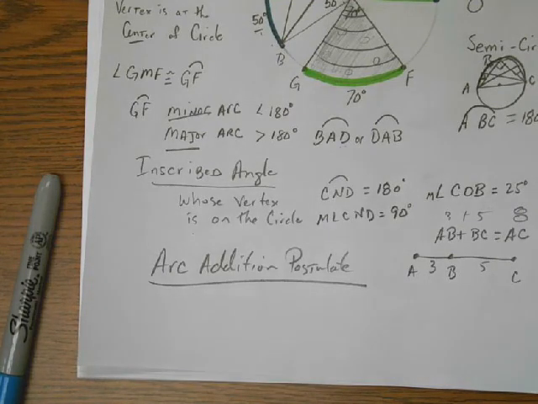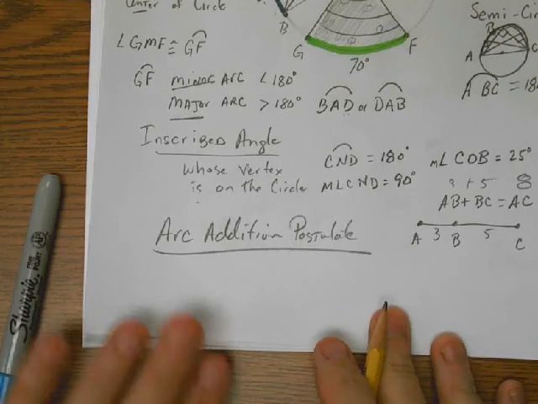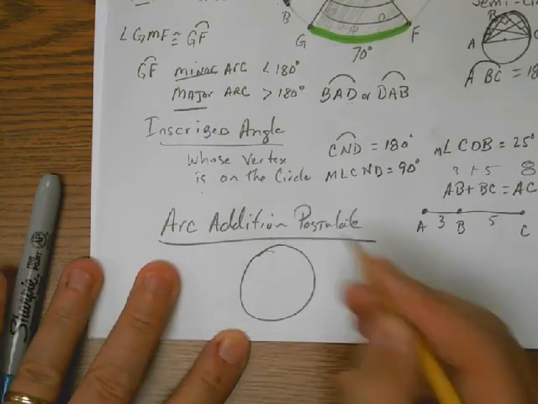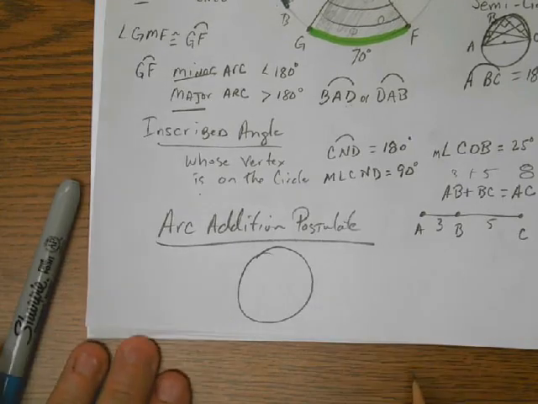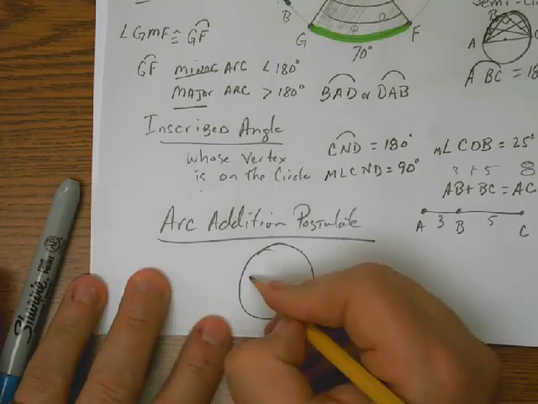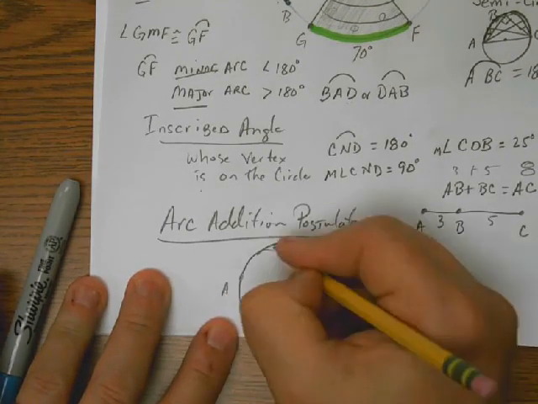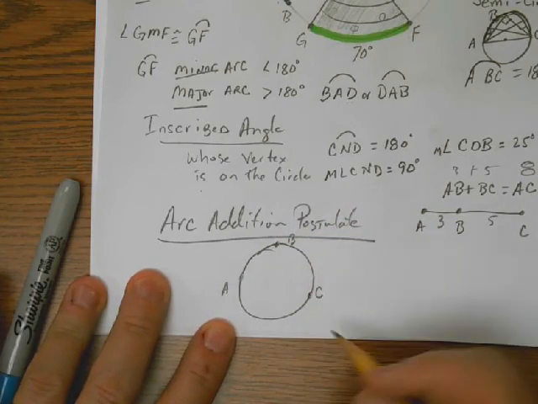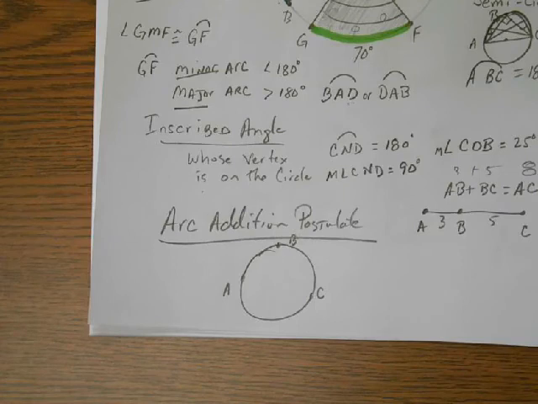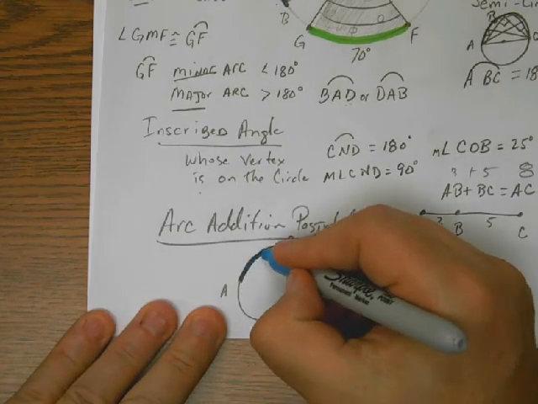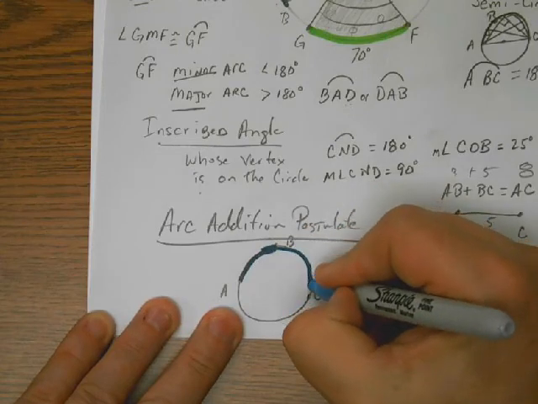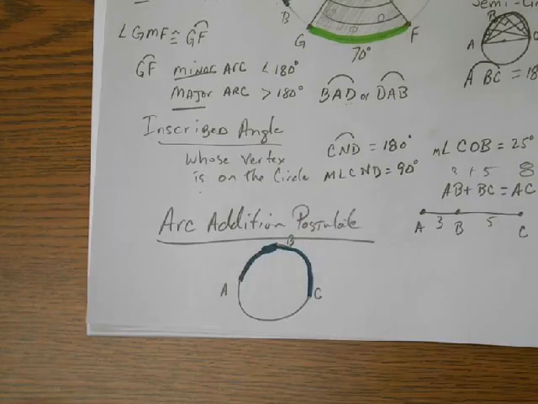Okay. Same idea in the arc addition postulate. Let me put a new circle here. You're going to get very good at drawing circles freehand. Okay, so if I have A here, we'll go B here, and we'll go C here. If I look at the arcs AB, by the way, these are called adjacent because they're right next to each other. Very similar to adjacent angles. These are adjacent arcs.